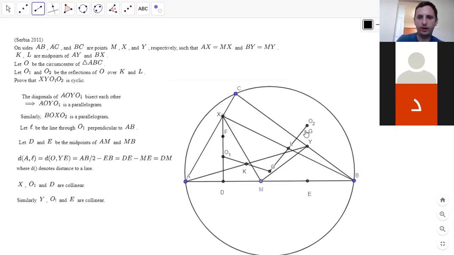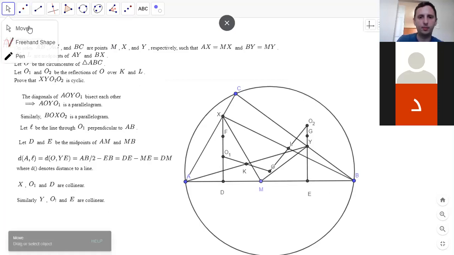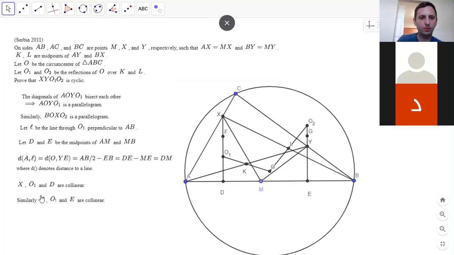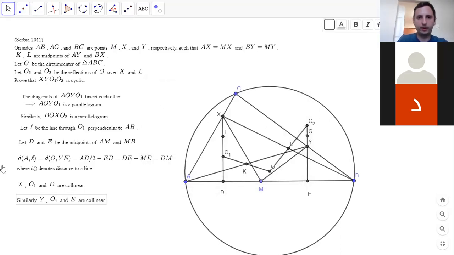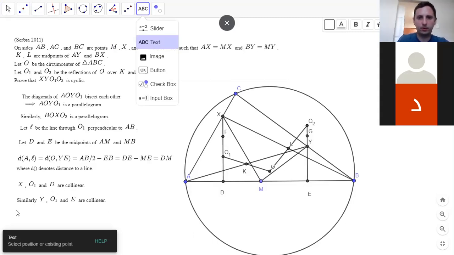Let F and G be the midpoints of XO1 and YO2.